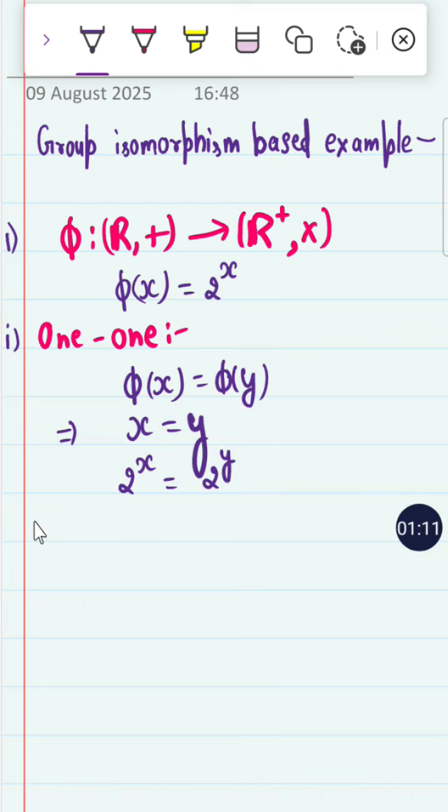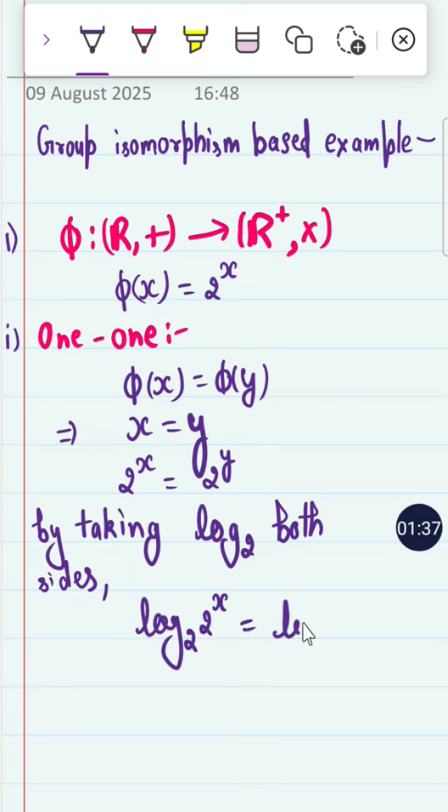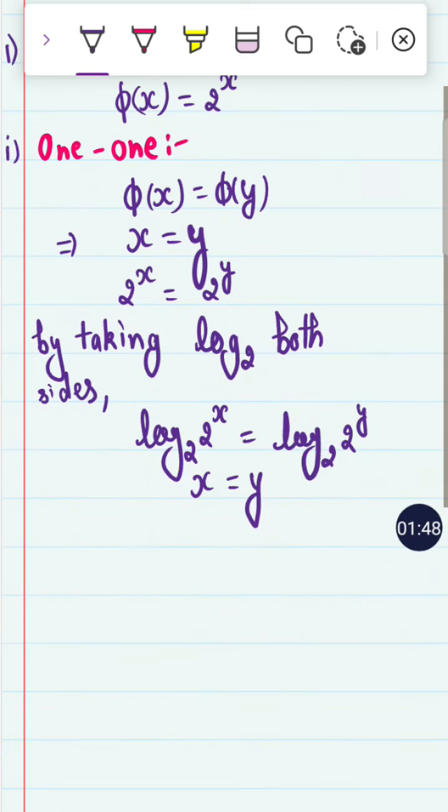So by taking log base 2 on both sides, we get log base 2 of 2 to the power x equals log base 2 of 2 to the power y, then x equals y. So it is proved that it is a 1-1 map.